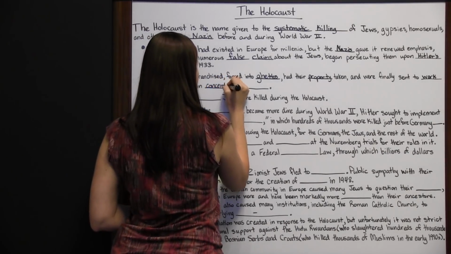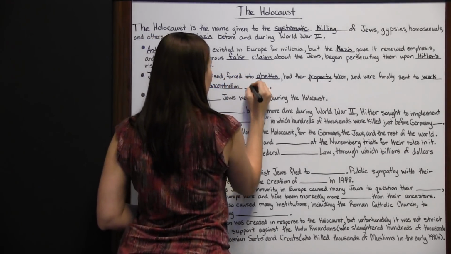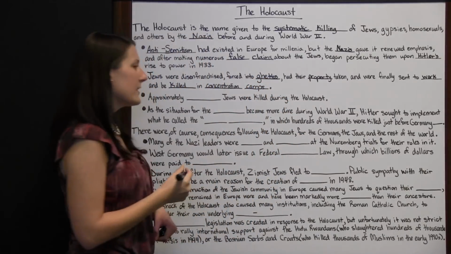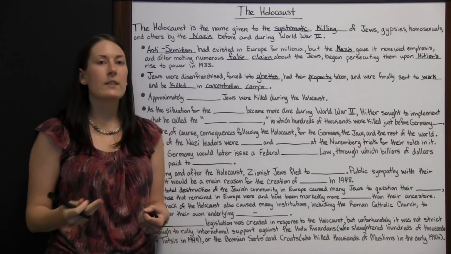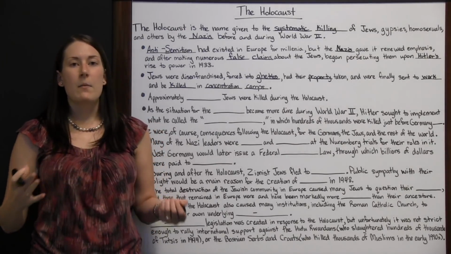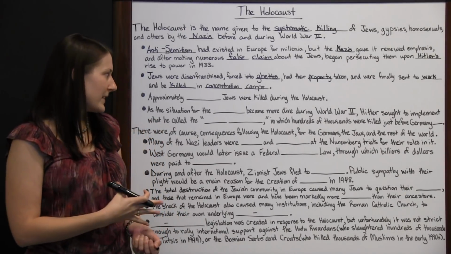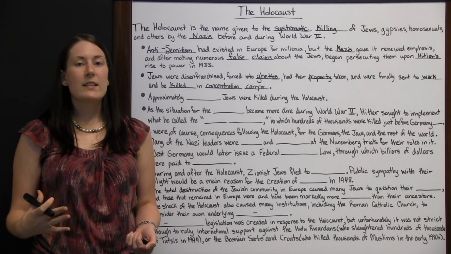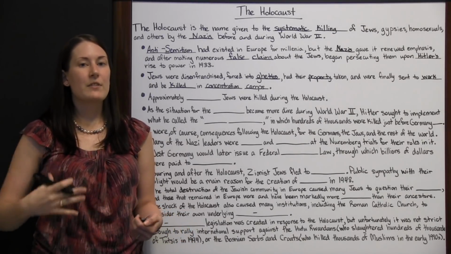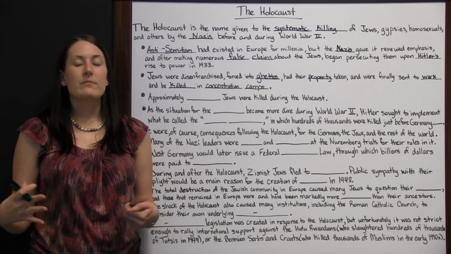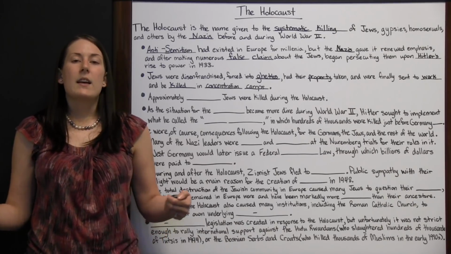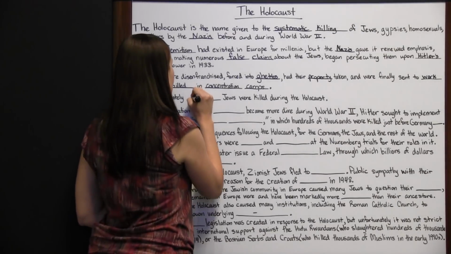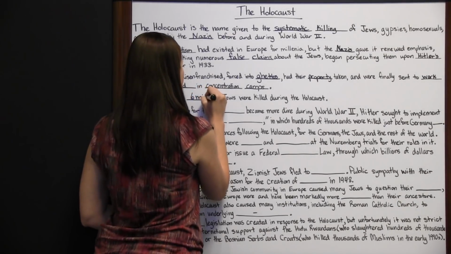And these were basically like prisons where the people were kept and forced to work until they either died or until they were killed in mass murders, basically. They went about it different ways. Some were poisoned in gas chambers, others were killed in different ways, but in all, approximately 6 million Jews were killed during the Holocaust.